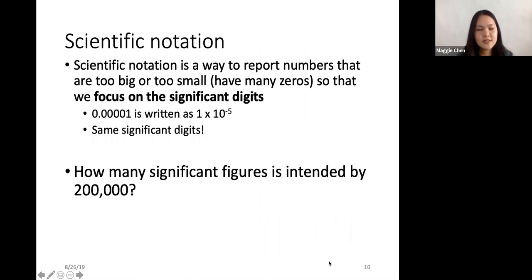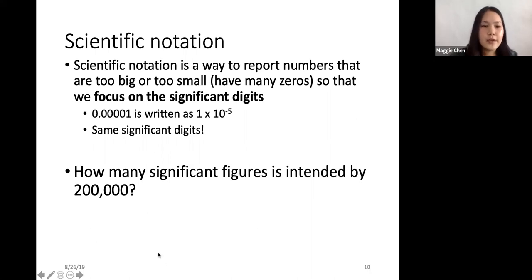So scientific notation. In the last slide, we were looking at ways that we can get rid of vagueness in a final number, so we know how many figures in our final number are significant. We can do that through scientific notation. It's a way to report numbers that are really big or really small, or that have a lot of zeros, so we can focus on the significant digits.